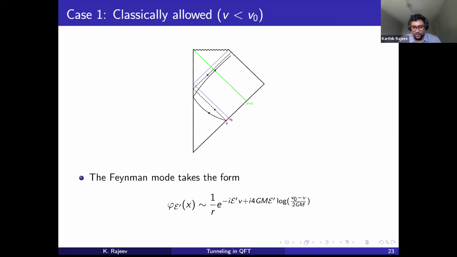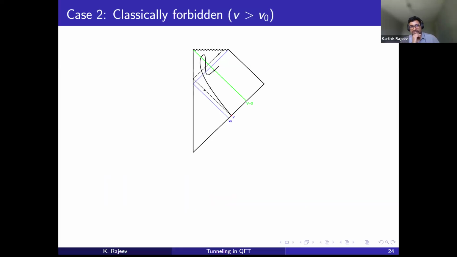Now what is left is just to compute this quantity U for V in the classically allowed region and forbidden region. And as expected, in the classically allowed region, you can evaluate this function U and you get this familiar form that we saw earlier. The interesting thing is the classically forbidden region, right? By the same analyticity argument, you would expect a non-zero contribution there.